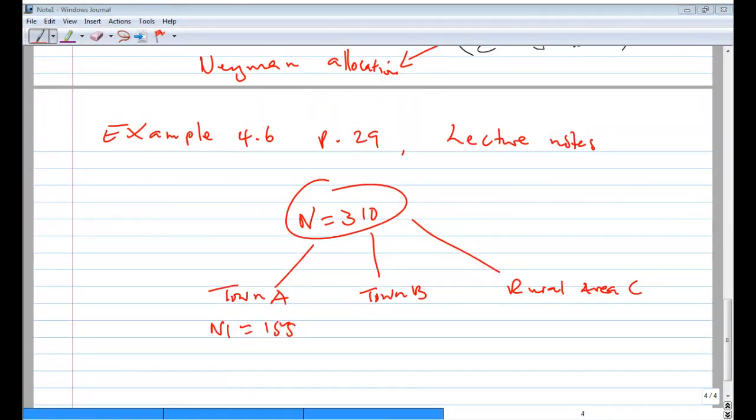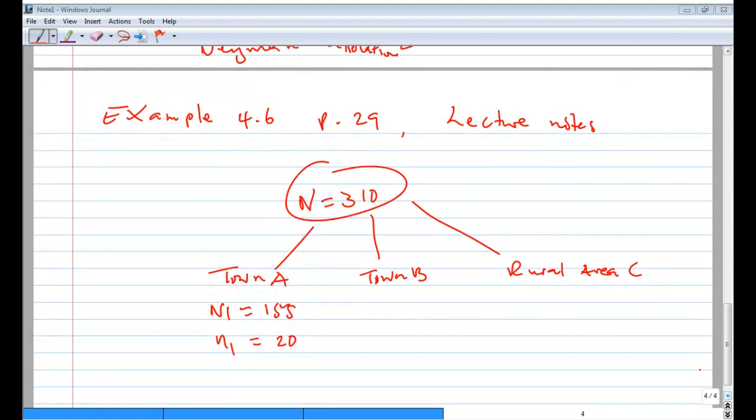Then again, according to that example, we have been given sample sizes. So n1 is equal to 20.